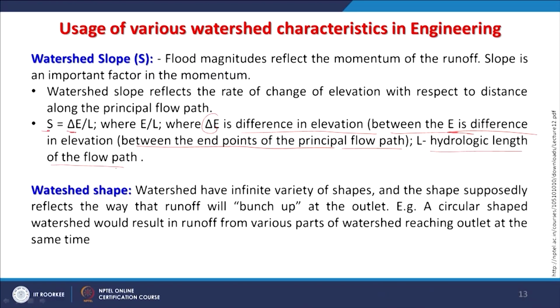And watershed shape is also very important, because bunching up of water should not happen within one watershed. Though this is a natural boundary we cannot change, if impedance can be provided, then all the water falling over a watershed will not reach the outlet at the same time, or get concentrated in one area of the watershed at the same time.